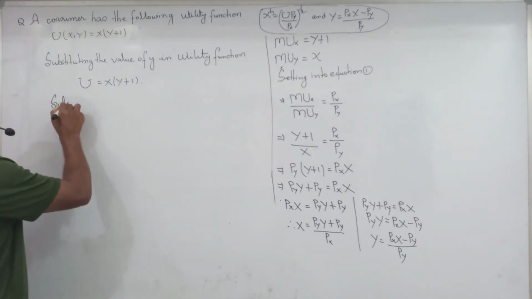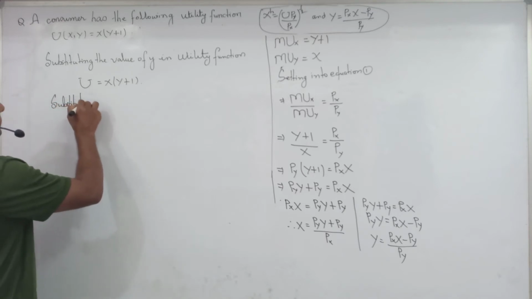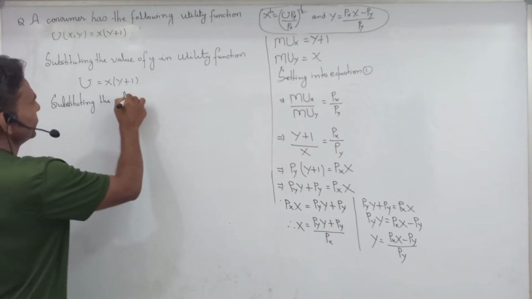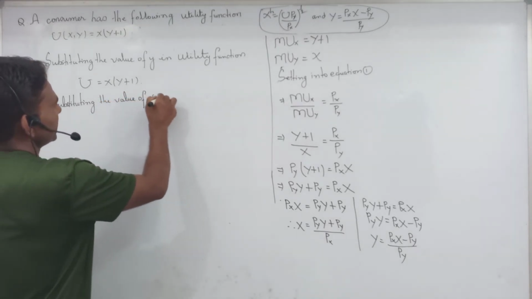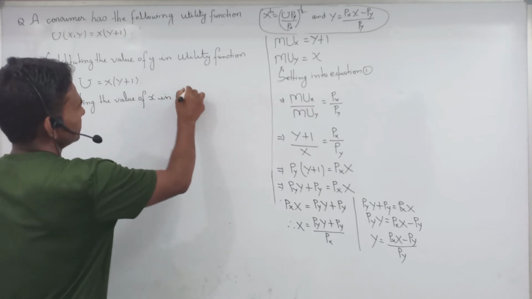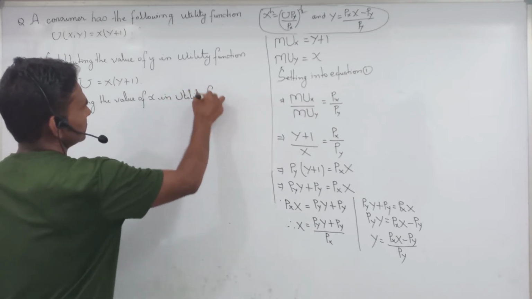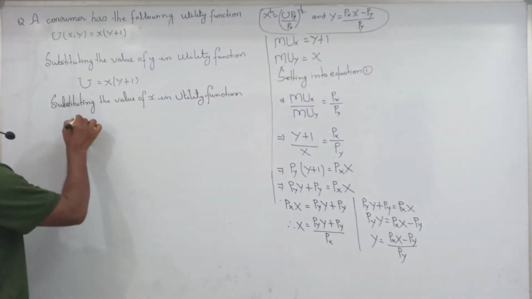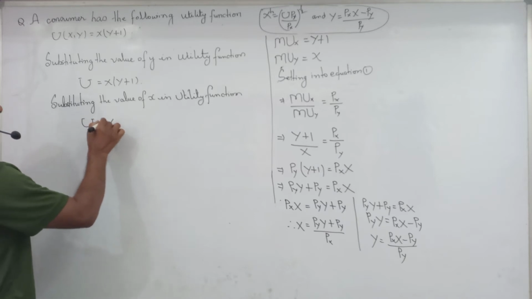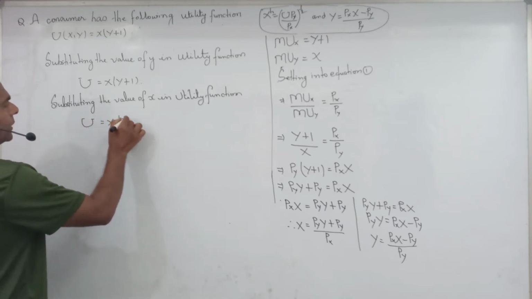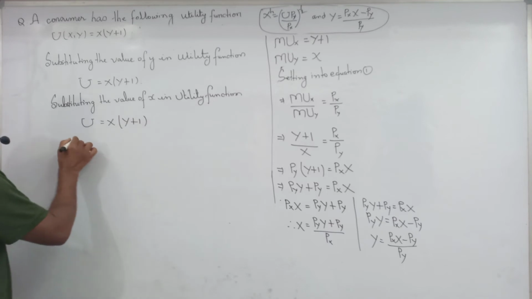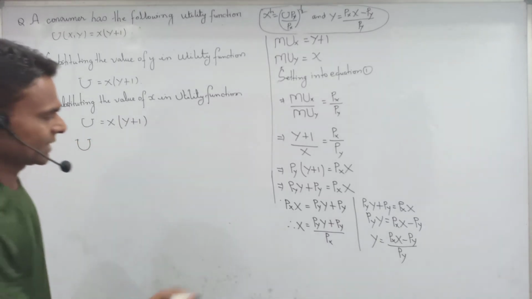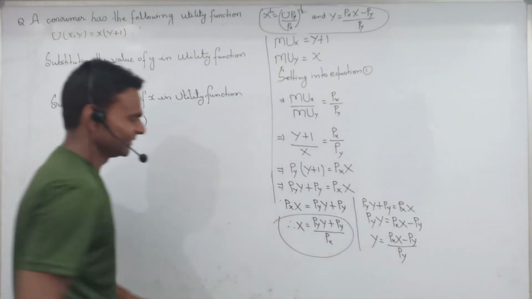Substituting the value of x in utility functions. U equal to x times y plus 1. What value we got for x? Oh, yes, x correct. I erased here.